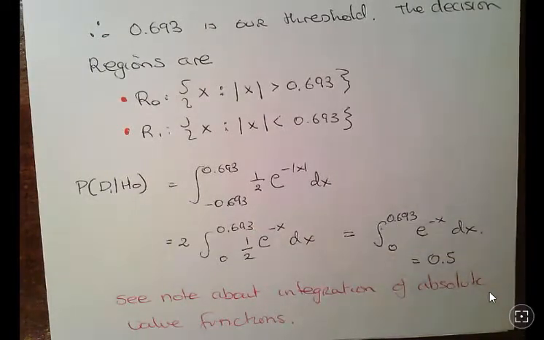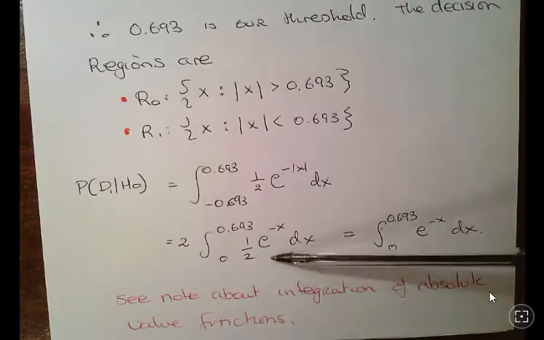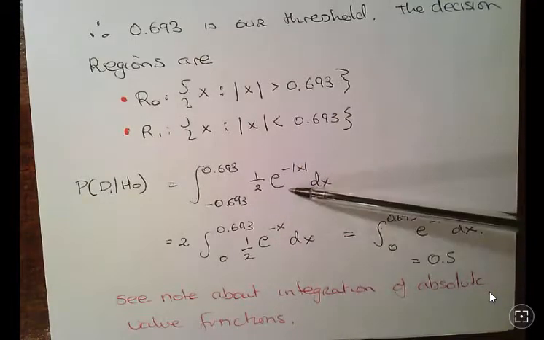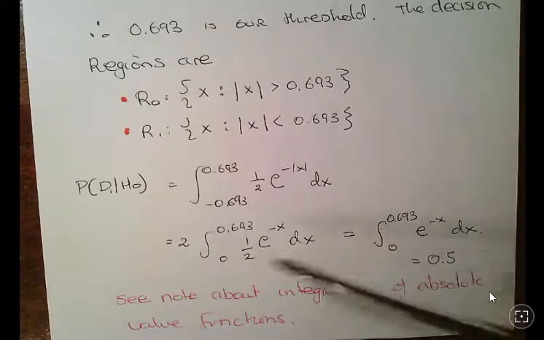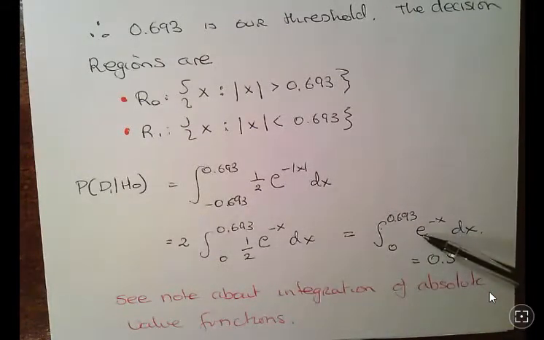Now I did a separate video on this. Going from this step to this step should be straightforward once you understand the rationale behind it. This evaluates as follows: the half and the two cancel out, so we have e to the minus x.